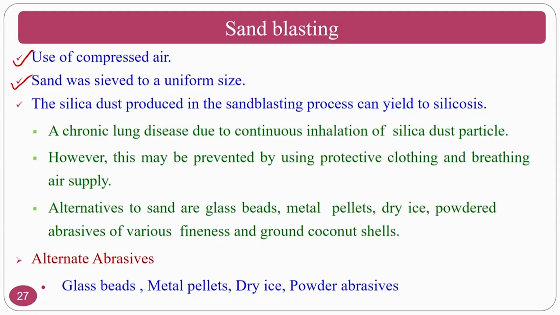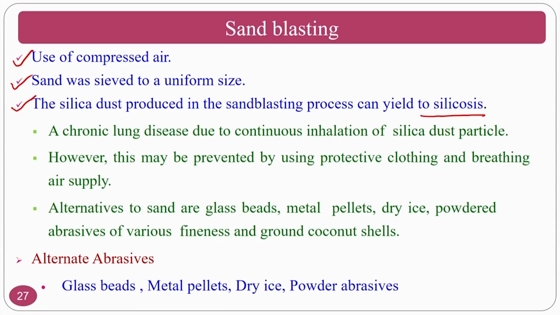The silica dust produced from sandblasting can yield silicosis. This one we will see in the upcoming slides. Many of the industries will use the silica dust, which is economically available in the market, and this may cause silicosis. You will see one example of how silicosis is caused, and other things will be seen in the upcoming slides.